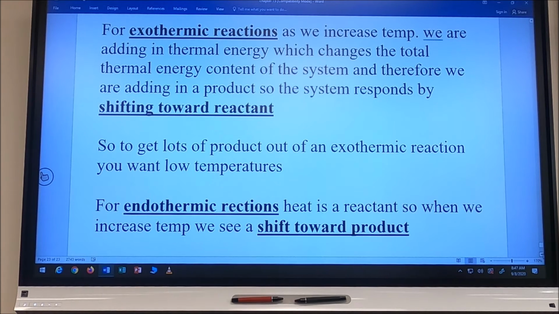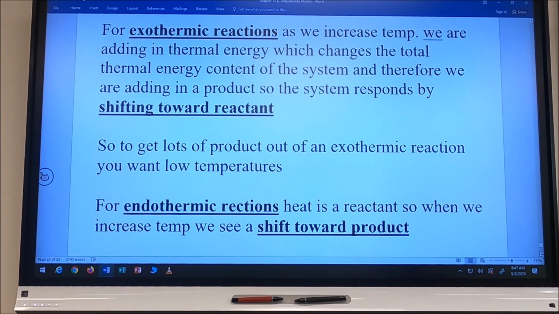If we want to get more product for an exothermic reaction, we actually have to lower the temperature so that we cause it to run in the forward direction. For endothermic reactions, heat is a reactant. So when we increase the temperature, we cause a shift toward product. If we wanted to decrease product, we would want to lower the temperature. So endothermic, it's a reactant. Exothermic, it's a product. Okay?